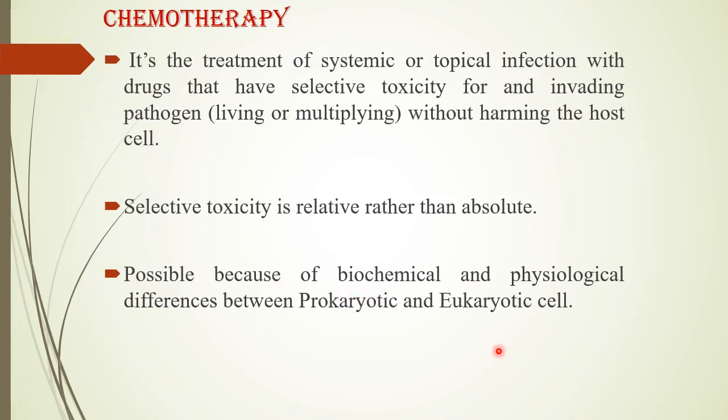I think you know what prokaryotic and eukaryotic cells are. Prokaryotic cells are small, such as bacteria, and these are what we call prokaryotic cells. Eukaryotic cell examples are the human cell, animal cell, etc. If you are still confused, please have a look at your anatomy and physiology book and try to clarify the difference between prokaryotic and eukaryotic cells.